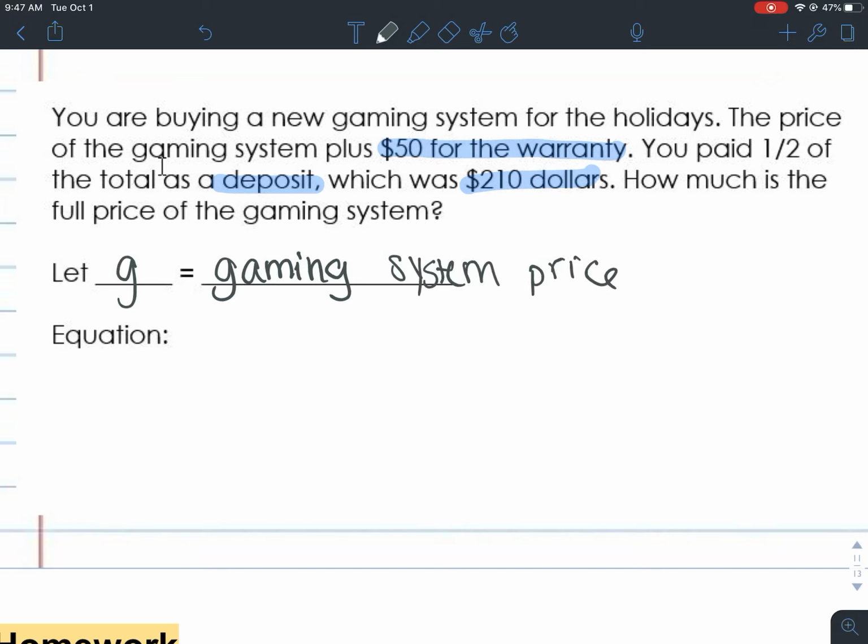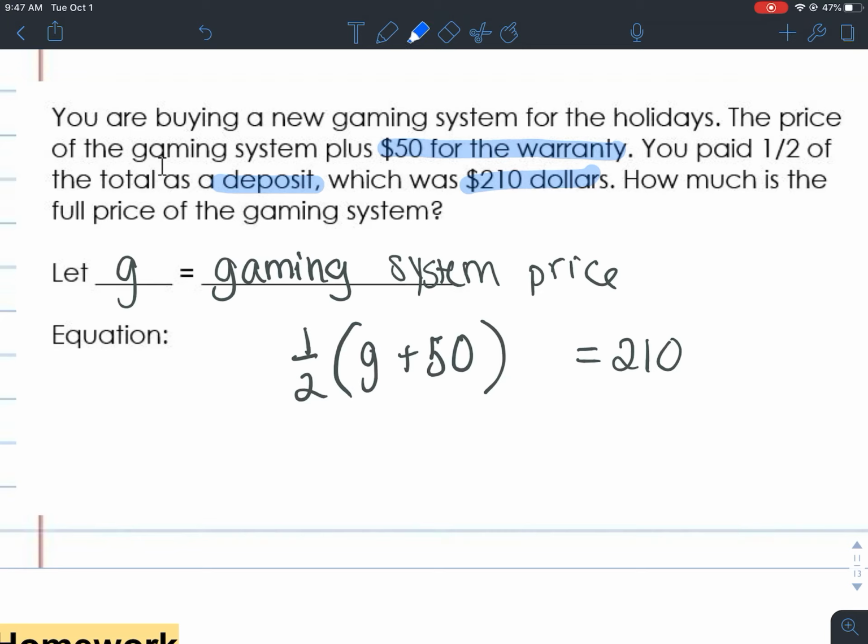You know that your total deposit was $210, and the $210 came from whatever the total of the gaming system was, plus the $50 warranty. But you didn't pay for the whole thing, you only paid for half of it. So to represent that, you'd have to take half of whatever the total of the gaming system plus the warranty was.